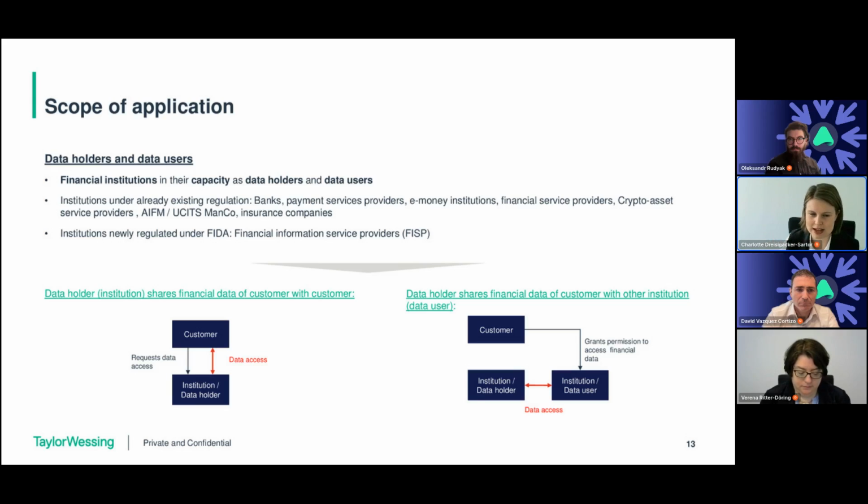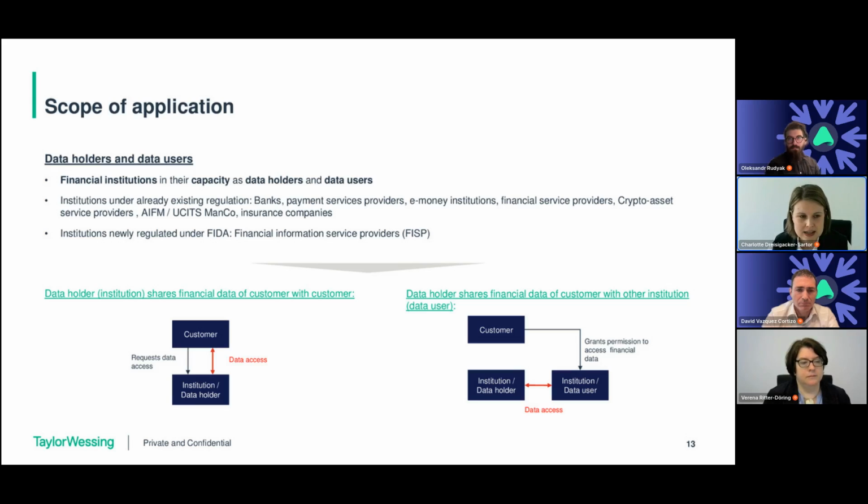So we have a quite broad range here. And FIDA introduces a new category of institutions, the so-called financial information service providers. Yeah, so we have this new category of service providers.